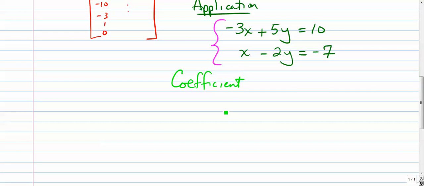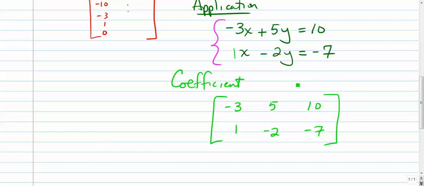A coefficient matrix would look like this. I'm taking the coefficients of all of my terms. I'm in standard form, x's, y's, equal signs, numbers, and I'm changing that system into a matrix that has all the coefficients: negative 3, positive 5, positive 10, there's a positive 1, negative 2, negative 7.